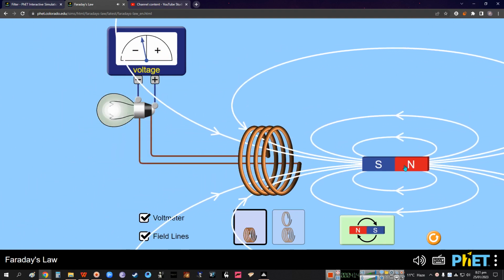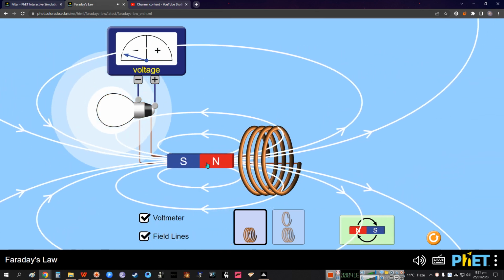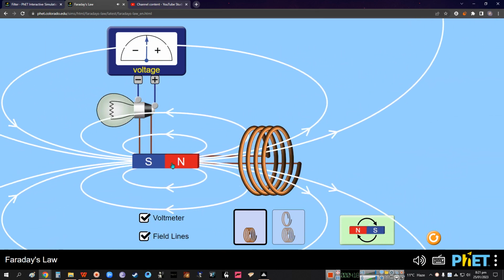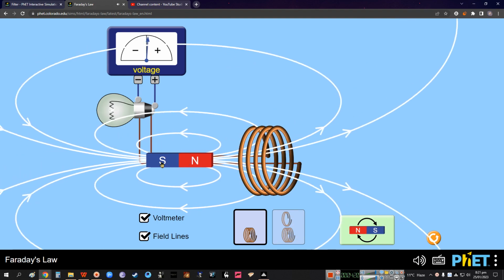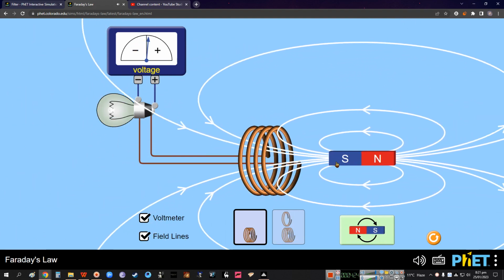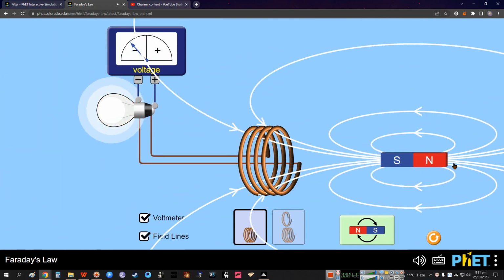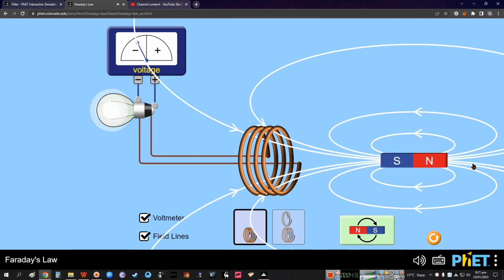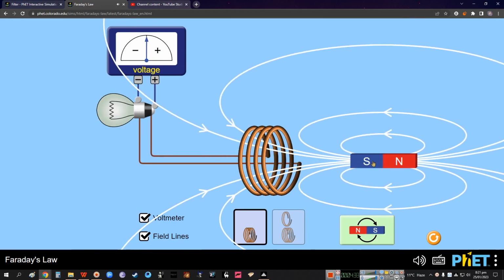Linear generators also exist in some cases, not very common, but there are linear generators being used by the industry. Why is this linear? Because the magnet and the coil are moving linearly relative to each other, in straight lines, while in axial generators we see circular motion or rotation of the magnets or the coil to generate electricity.